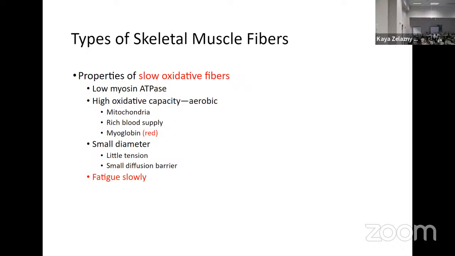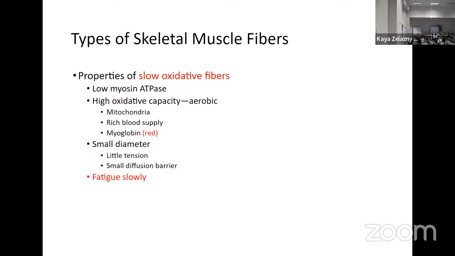they have high oxidative capacity. So they're doing aerobic metabolism, aerobic respiration. They're using oxygen. That's why they're oxidative. Okay? So they've got mitochondria, lots of them. They have a rich blood supply, so lots of capillaries, taking it from that oxidative fiber type list.